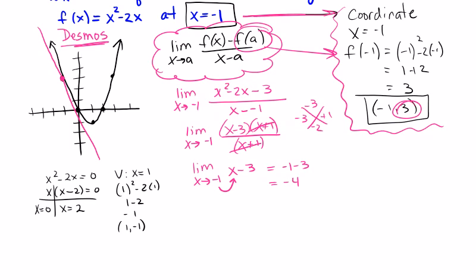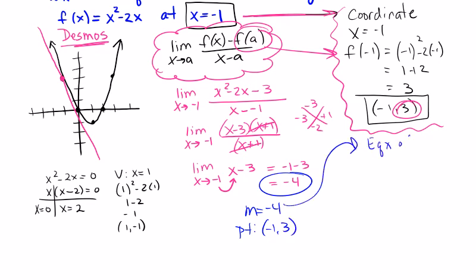Our last thing is to use our slope of -4 and our point of -1, 3 to write the equation. The equation of the tangent line is y minus y1 equals m times x minus x1, which is our point slope form.